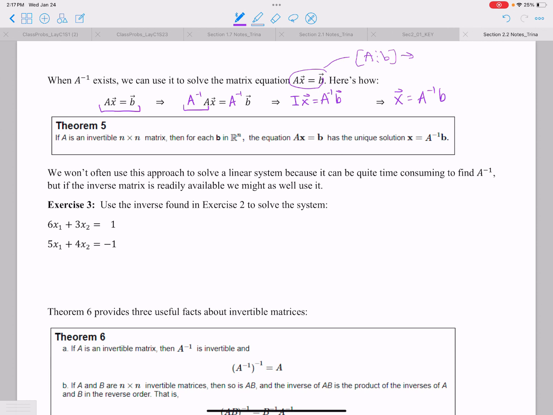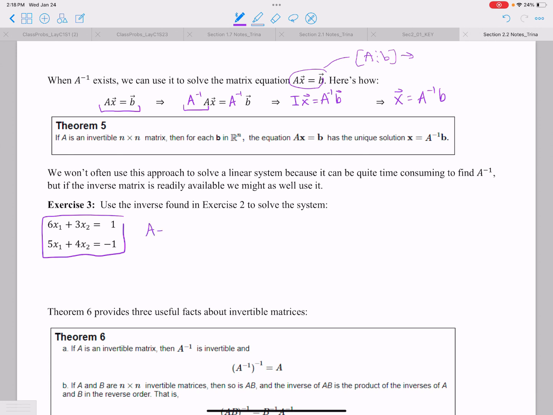It can be very computationally intensive to find A inverse, and numerically you can have a lot of errors when you find it. There are lots of better computational techniques than using A inverse B, but it's used a lot for theoretical computations. We are going to use it to solve this system of equations.